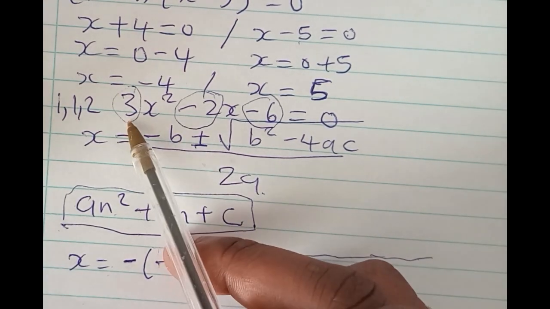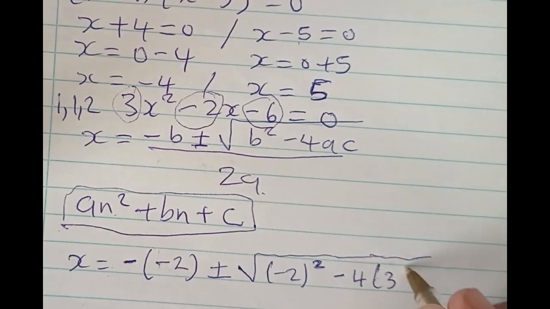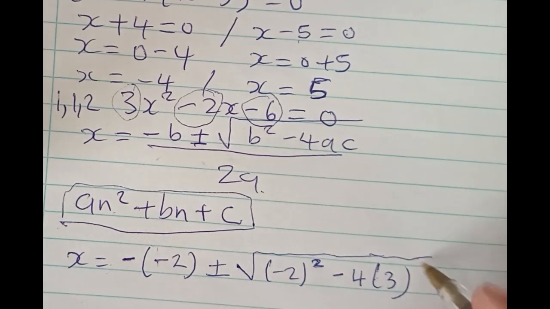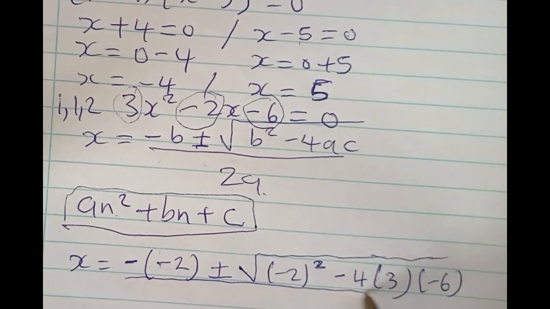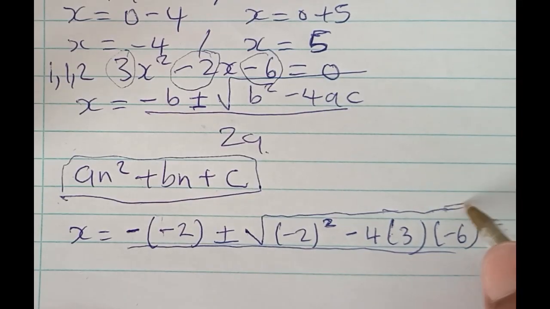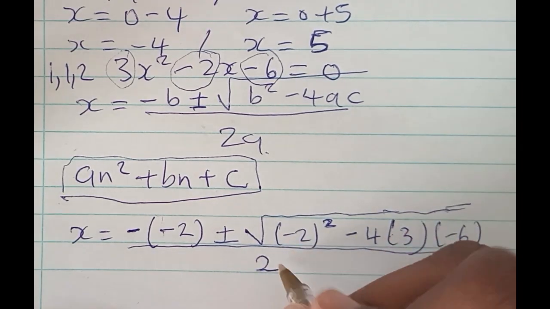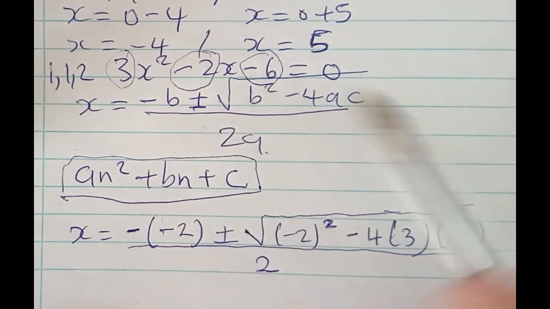What is the value of our a? It's 3. What is the value of our c? It's negative 6. All over 2. What is the value of a? It's 3.